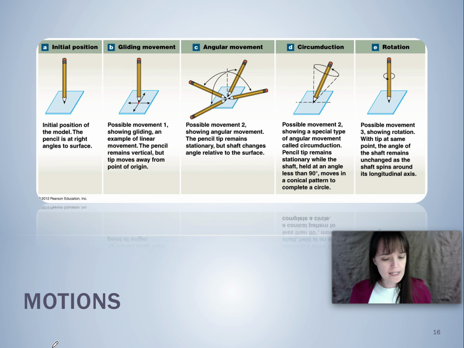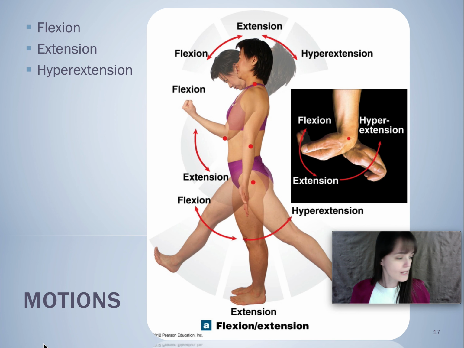Gliding movement is a slight linear movement, and you find this at the wrists and ankles. Flexion, extension, and hyperextension have to deal with the position on the anterior-posterior plane. Flexion decreases the angle between the bones.